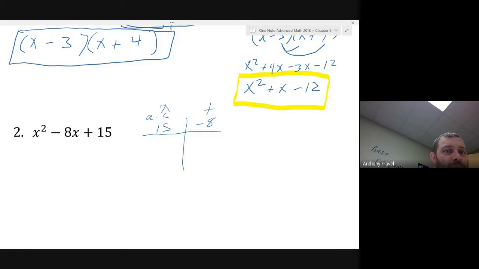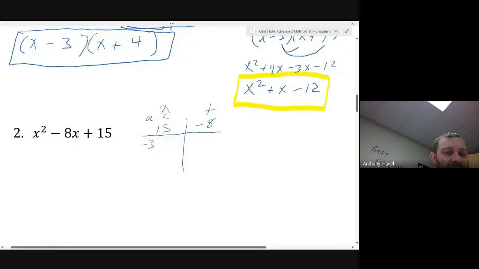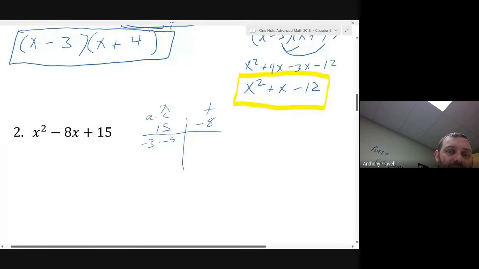Instead of going one by one, I'm going to start jumping a little bit quicker. So instead of 1 times 15, I will do -3 times -8. Or sorry, -5. -3 times -5. 3 times 5 equals 15, so I know that one's good. -3 plus -5 equals -8. Perfect.